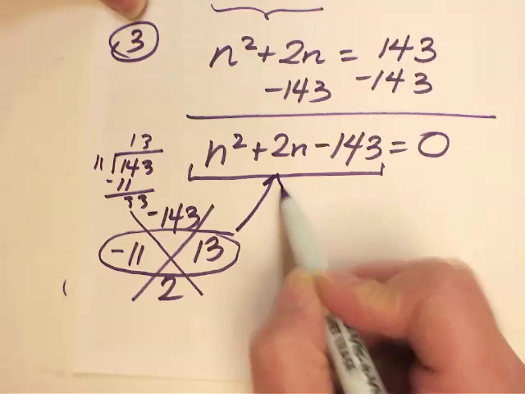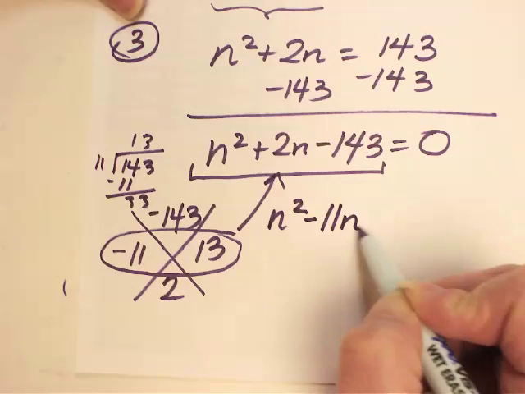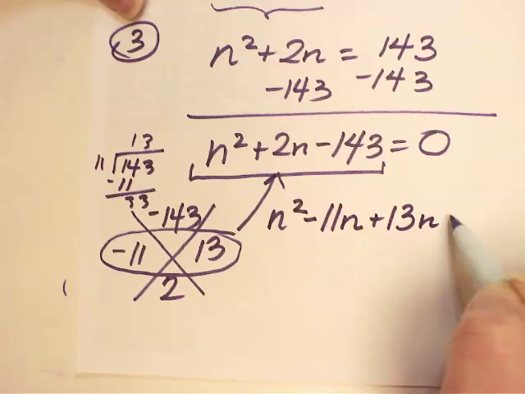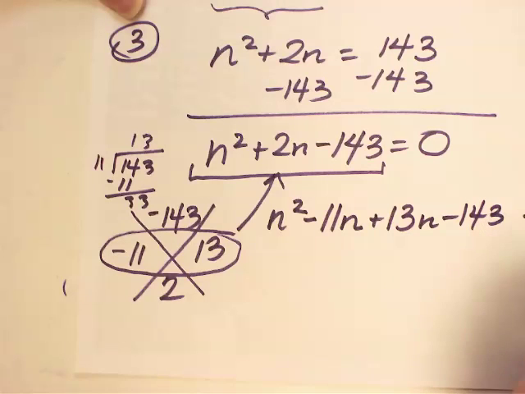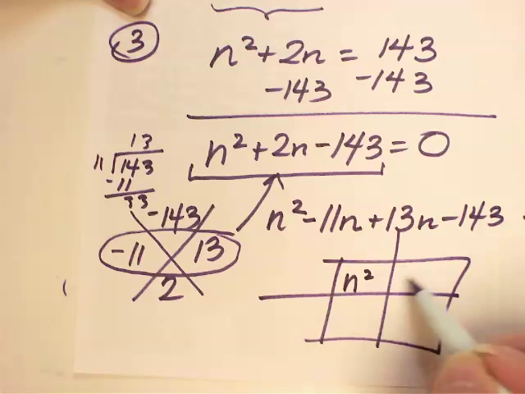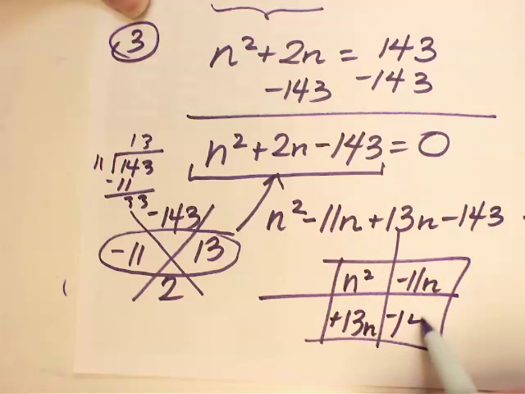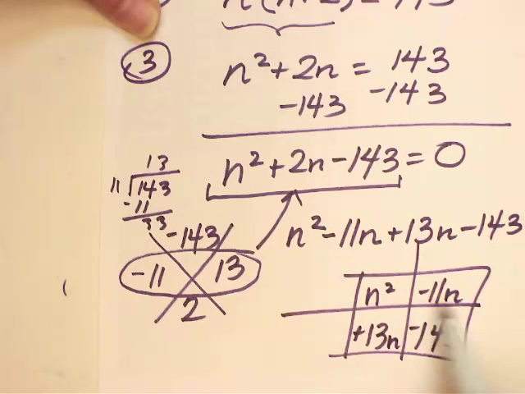So now I'm going to go ahead and replace it. So this is n squared minus 11n plus 13n minus 143 equals 0. Now the box part of my x box, I'm going to go ahead and fill in my box. And this is plus 13n and minus 143. Factor my common factors here. My GCF is n on this top level.